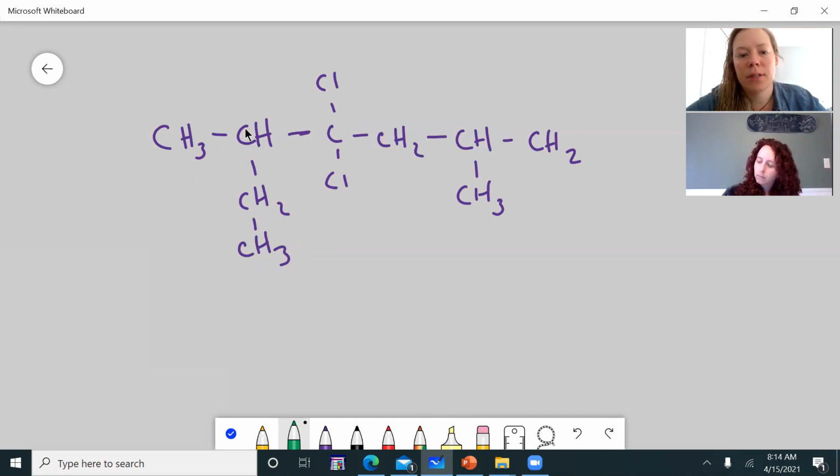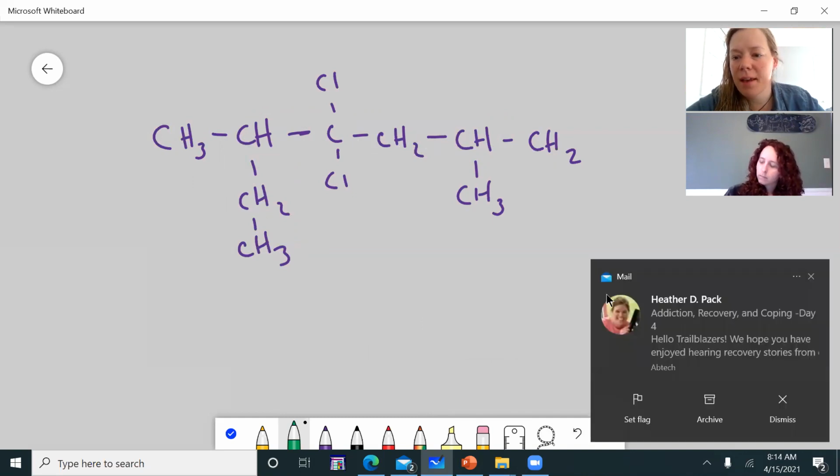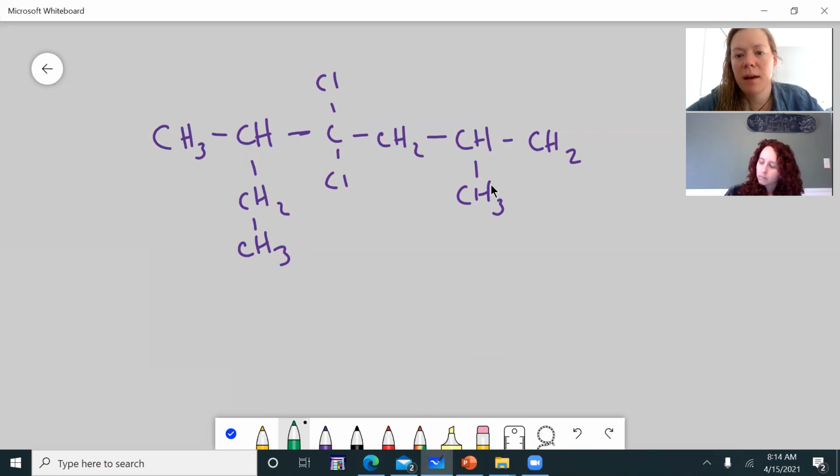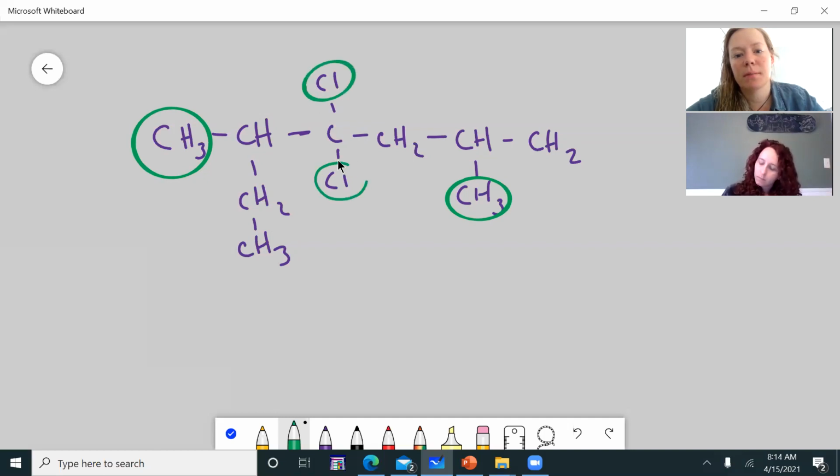Where are my accessories then? If this is the longest carbon chain, it's going to be anything that's sticking off of that that isn't just a plain hydrogen. So this is an accessory. This is an accessory, because if this is the main chain, this is sticking off of it. And then both of these are accessories.